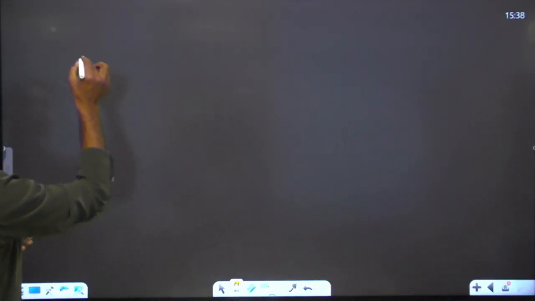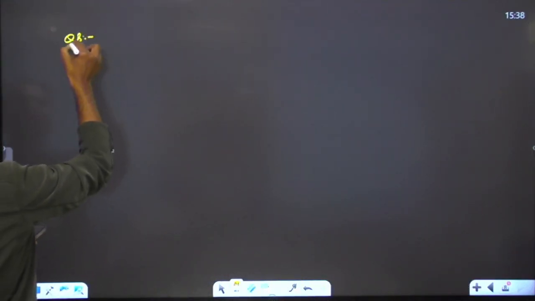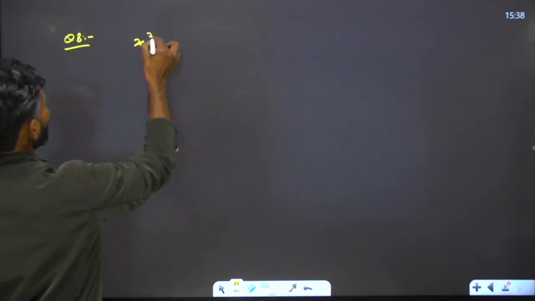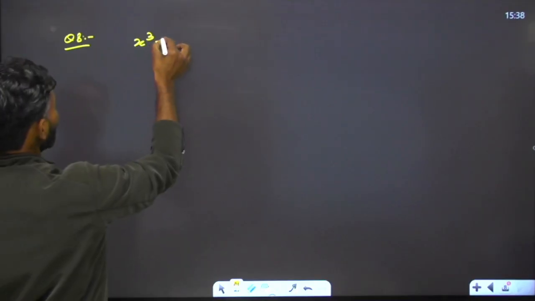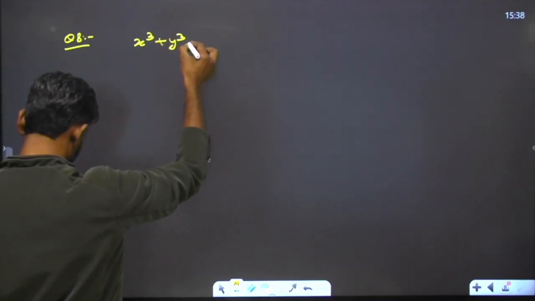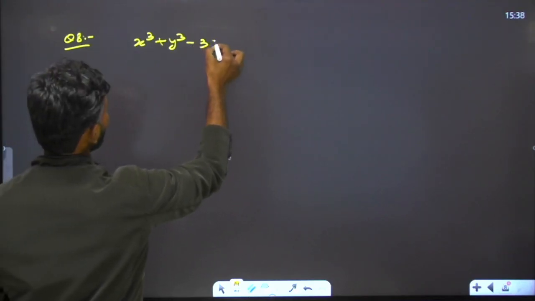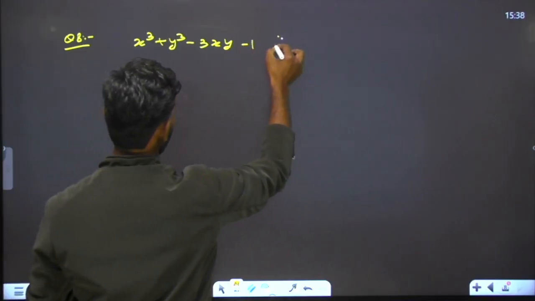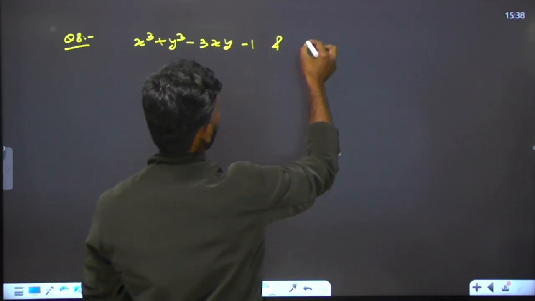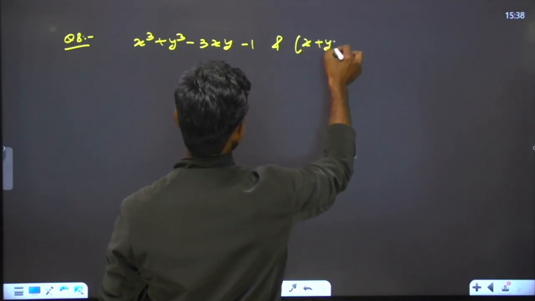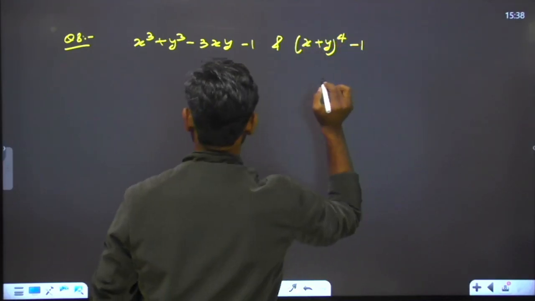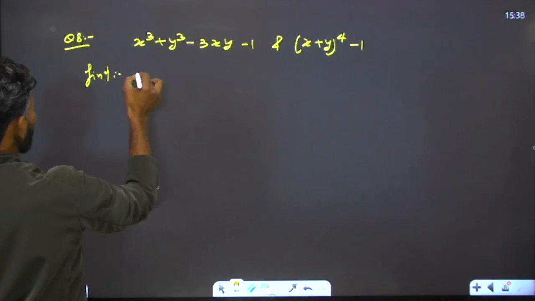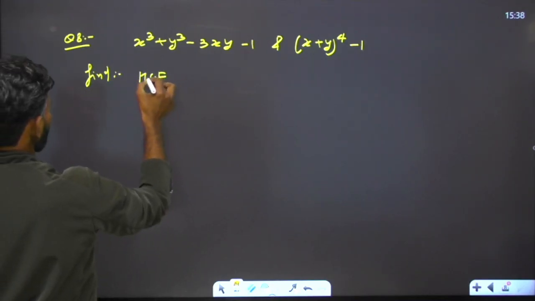The next question says that we have to calculate the HCF of two functions: x cube plus y cube minus 3xy minus 1, and the other is (x plus y) whole to the power 4 minus 1. Find the HCF.